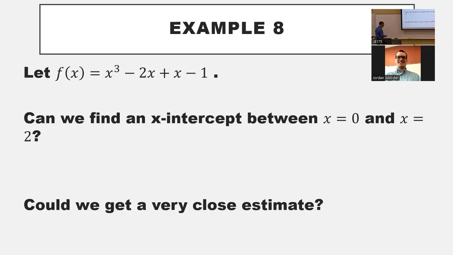We're going to get a close estimate for an x-intercept for this function, f of x equals x to the third minus 2x plus x minus 1. Now, the first thing I'm going to do, it says, look for an x-intercept between x equals 0 and x equals 2.